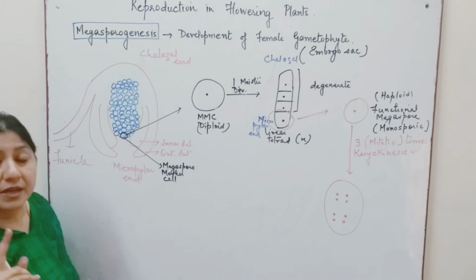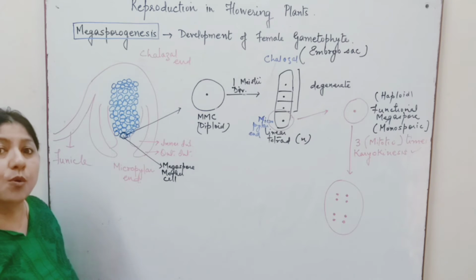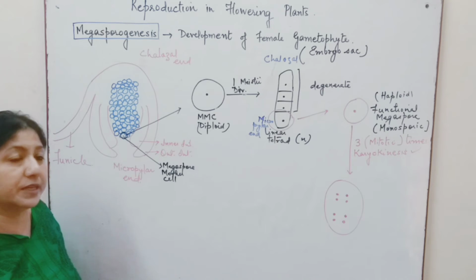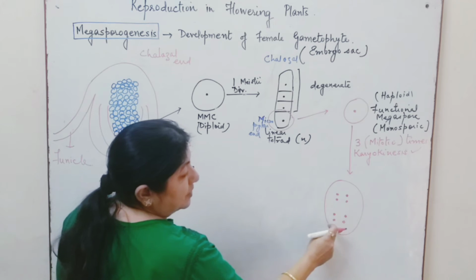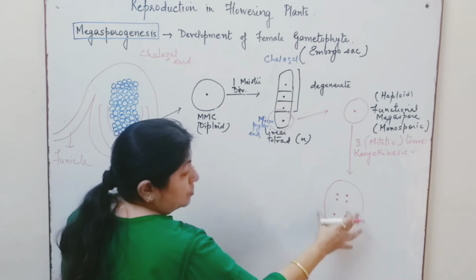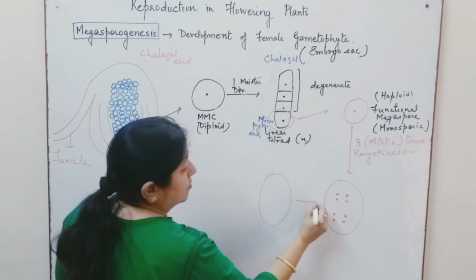But remember, cytokinesis, that is the cell wall formation, is not taking place, so this will have 8 nuclei.